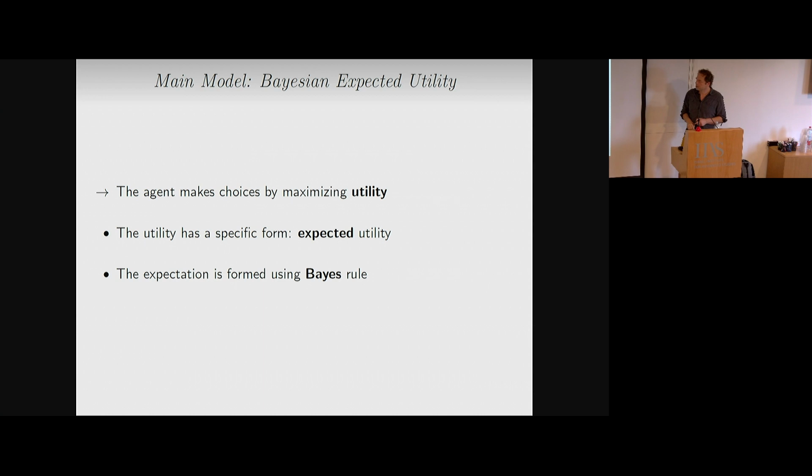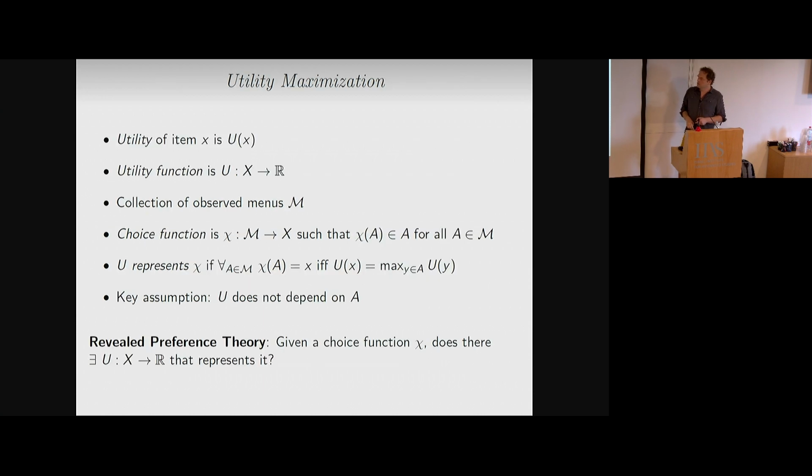Okay, so what does it mean to maximize utility? You all know, but I just want to establish some notation so that we're all on the same page. So utility of item x is U of x, it's a number. A utility function is a mapping from X to real numbers. Our analyst or experimenter will observe the agent across a variety of choice contexts, a variety of menus.